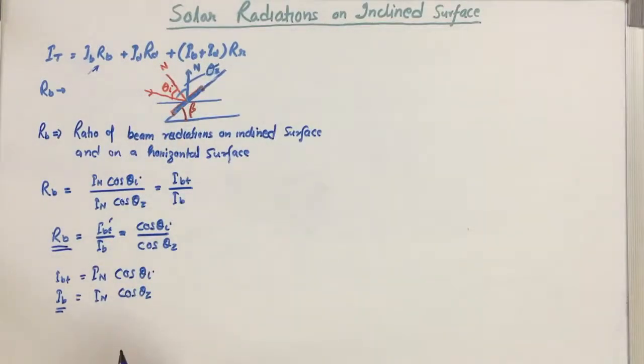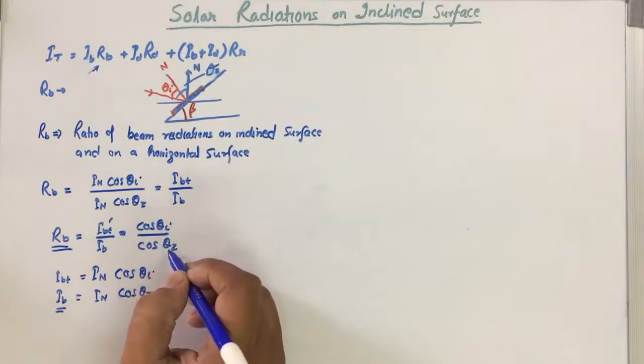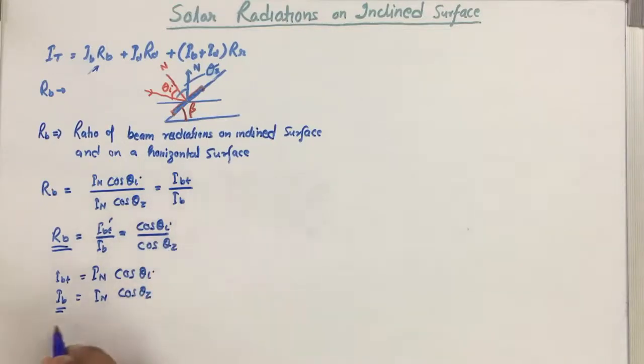So the first concern is to find theta I and theta Z. And to find theta I, if we recall, we have written one formula in the beginning of this chapter. That was one big formula, cos theta I is equal to, it was a big formula, so I am not going to write it again, I am just writing that it was a function of phi, declination, hour angle, facing towards south, and tilting.